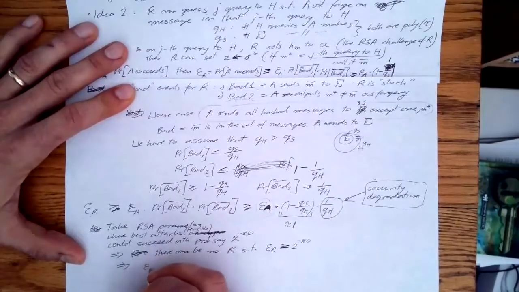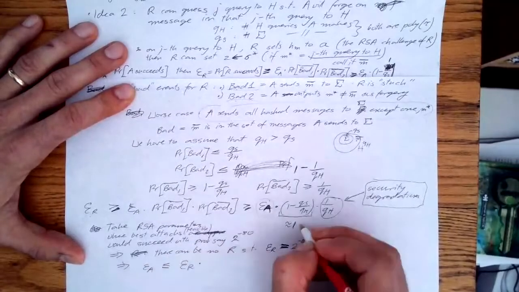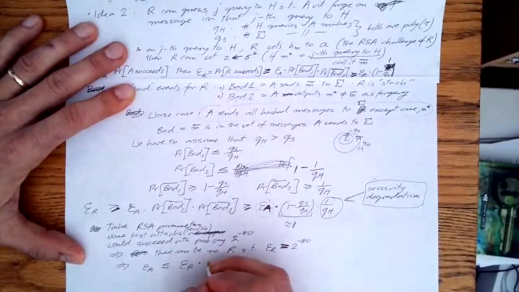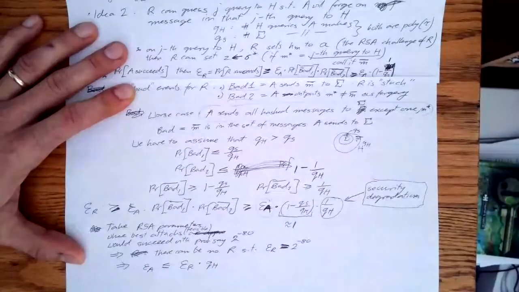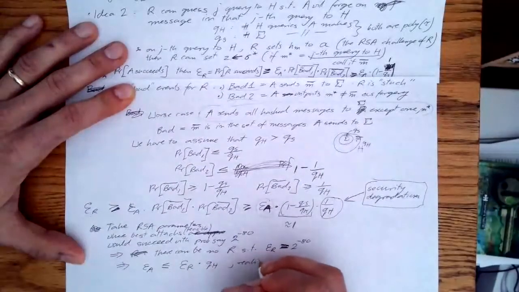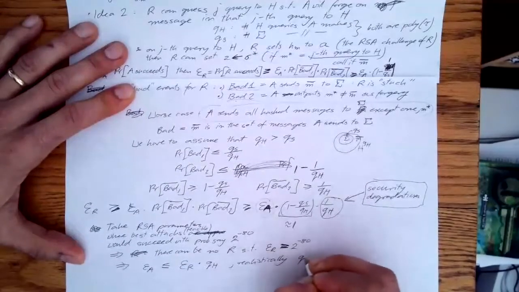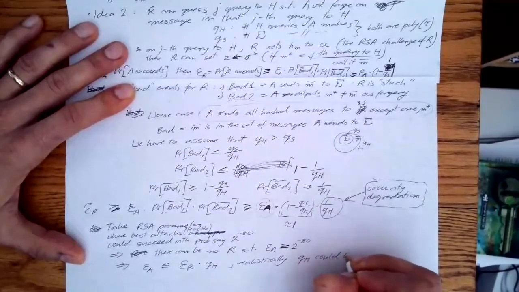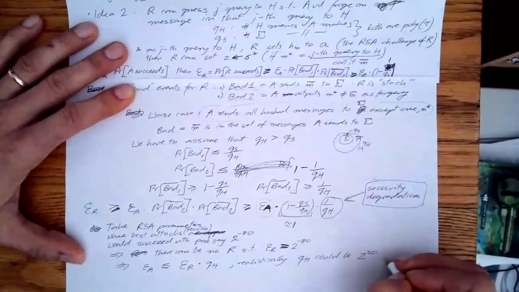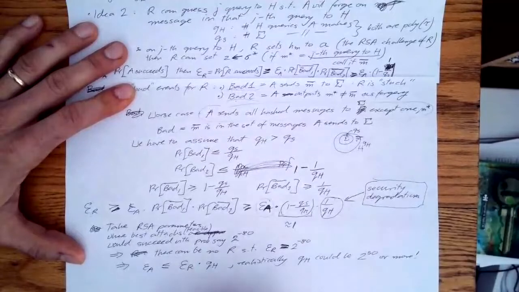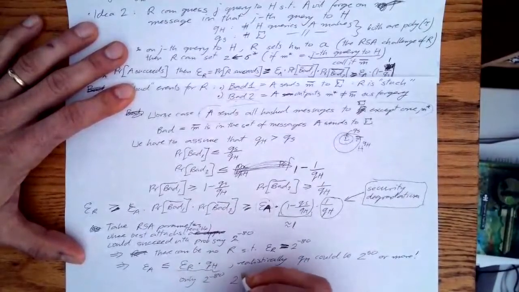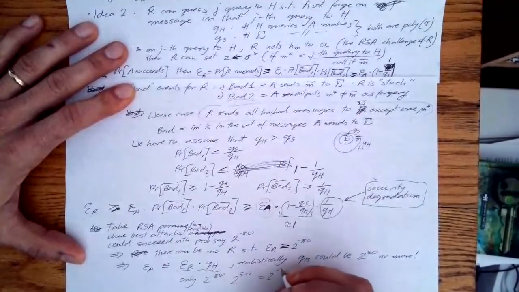What it implies is that epsilon A must be smaller or equal to epsilon R times, let's ignore this because it's close to 1, times QH. Now, realistically, QH could be 2 to the 50, okay, or even more. So this value is only 2 to the minus 80 times 2 to the 50, so it's only 2 to the minus 30.